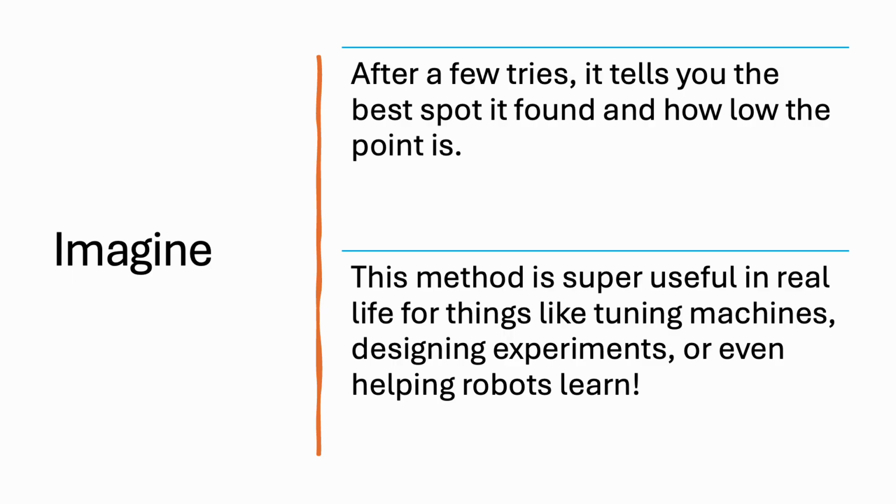This method is super useful in real life for things like tuning machines, designing experiments, or even helping robots learn. For these last three Imagine slides, I would suggest you try writing Python code and see how it fits and what outputs it gives you.